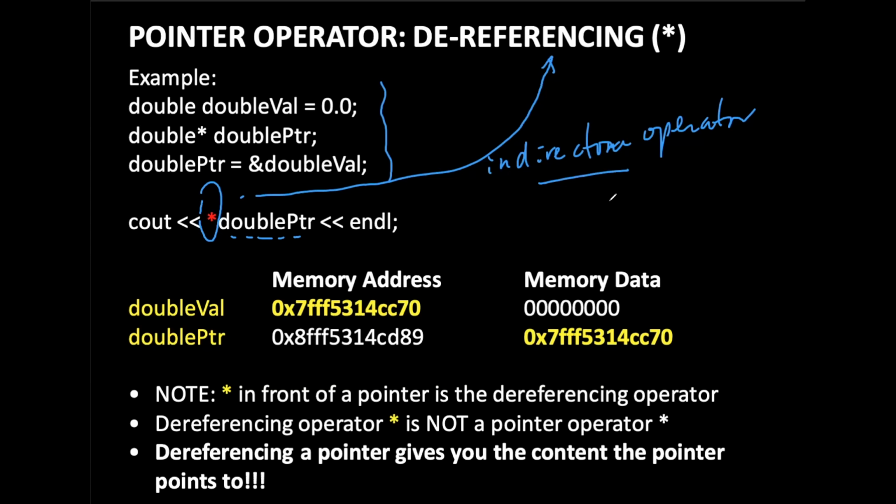This operator is really a complement of the ampersand address-of operator. It is a unary operator that returns the value of the variable located at the address specified by its operand. Translation: this dereferencing operator is used to get the variable pointed to by a pointer.